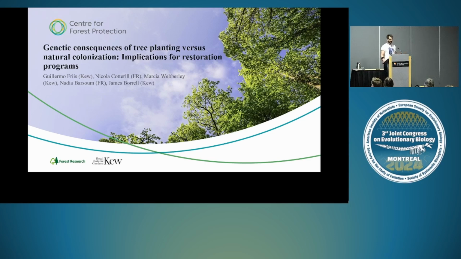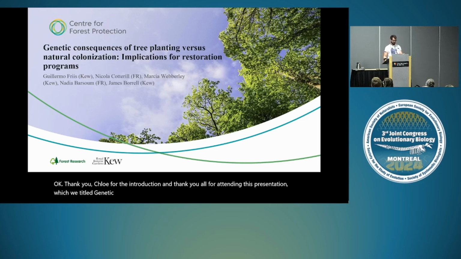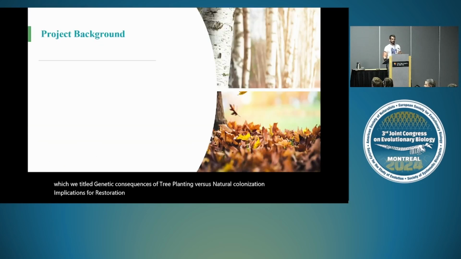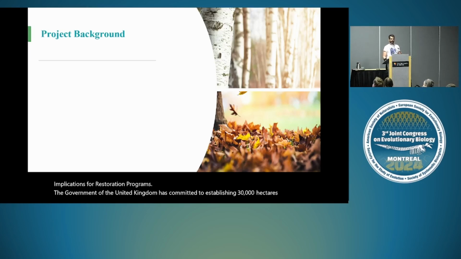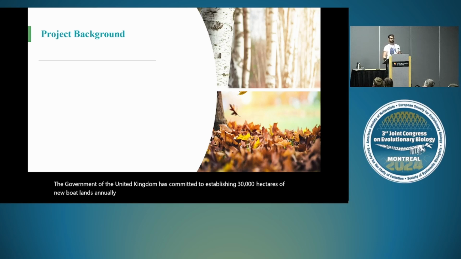Yeah. Okay, thank you, Chloe, for the introduction, and thank you all for attending this presentation, which we title Genetic Consequences of Tree Planting versus Natural Colonization: Implications for Restoration Programs. The government of the United Kingdom has committed to establishing 30,000 hectares of new woodlands annually from now until 2050, aiming for net zero emissions of greenhouse gases by that time.